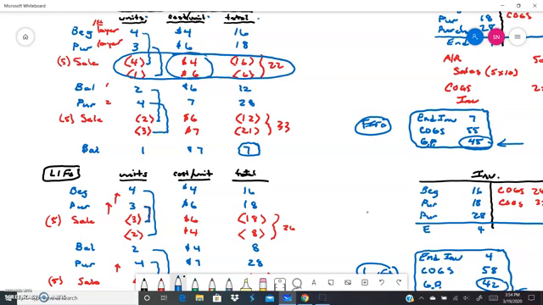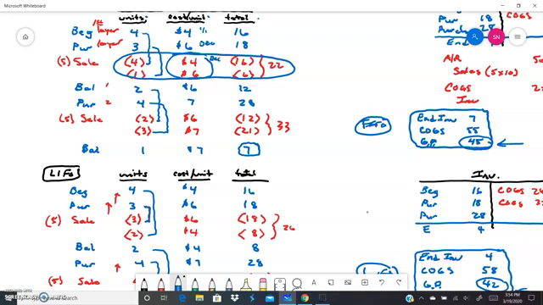So let's say that the beginning was based on 1/1, and this purchase occurred in December, and then this sale occurred in December.